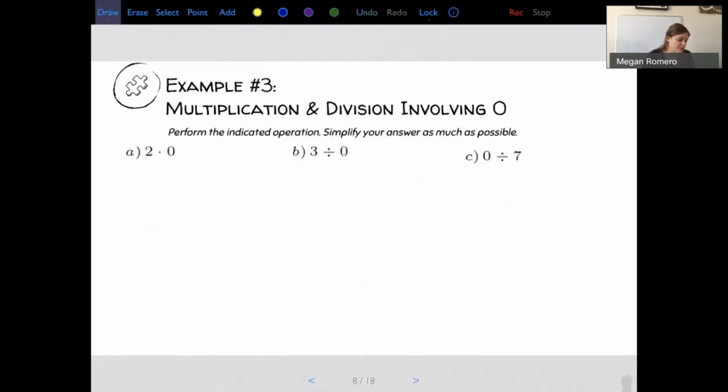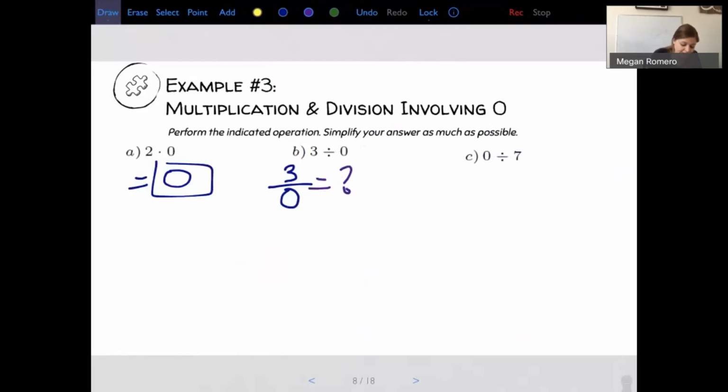Example 3, multiplication and division involving 0. Part A, 2 times 0 is just 0. Part B, 3 divided by 0. So what this looks like is 3 divided by 0 equals question mark.